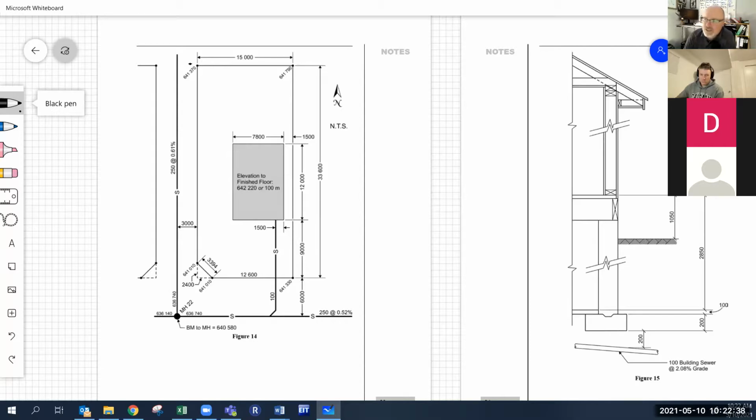So what percentage of the lot is covered by the house? We take the area of the lot and the area of the house, and we make one of them a part, the other one a whole, and then we can get a percentage.